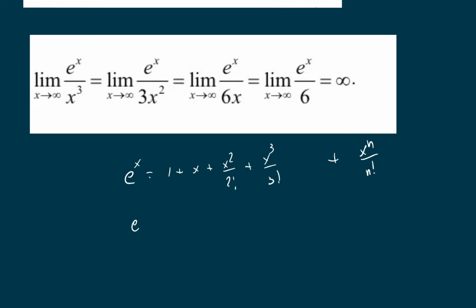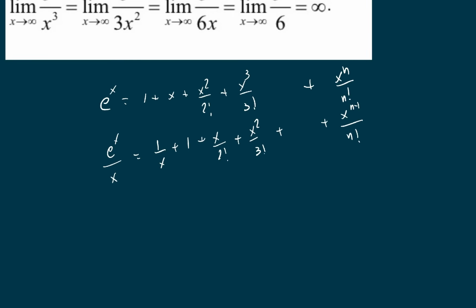So what will be e to the x divided by x? Well, it will be 1 divided by x plus 1 plus x divided by 2 factorial plus x squared divided by 3 factorial, up to x to the n minus 1 divided by n factorial.